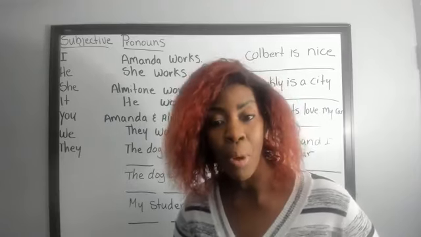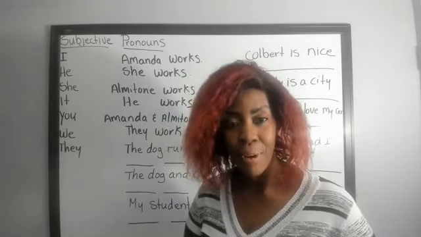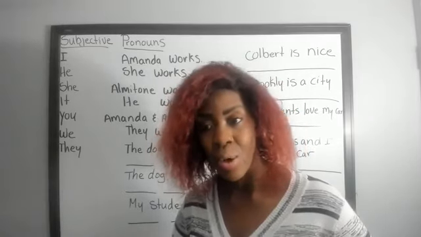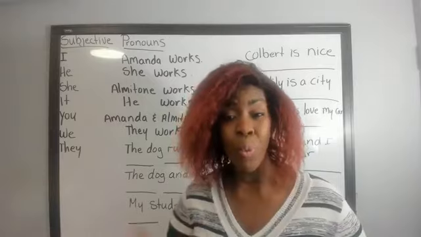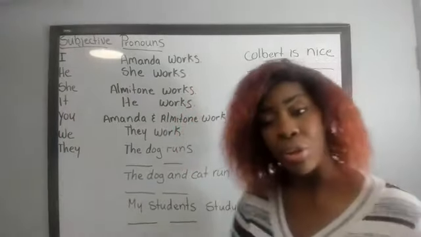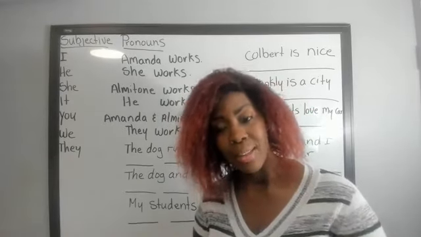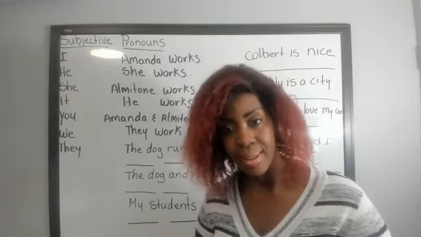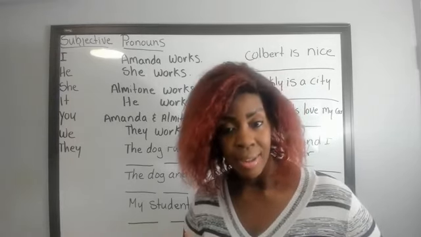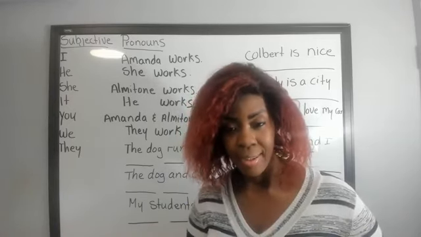If I'm talking about one man, I need to add an S. If I'm talking about one woman, I need to add an S. Or if I'm talking about one thing, I need to add an S. That's what we call third person singular. He works, she works, it works, I work, you work, we work, they work.